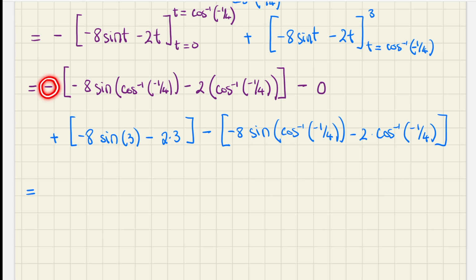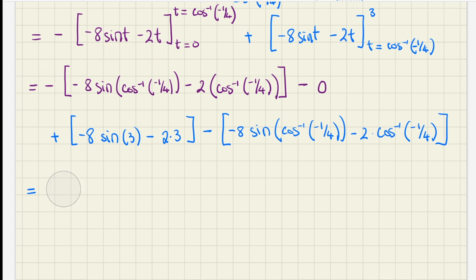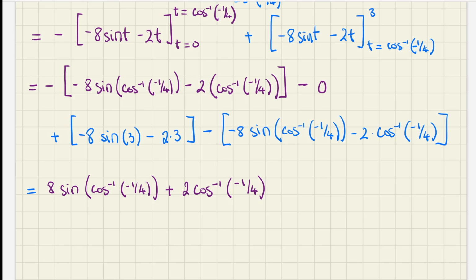Now I'm going to distribute this negative sign. This term becomes positive, and this term also becomes positive. So I have 8 sine of cosine inverse of negative 1/4 plus 2 times cosine inverse of negative 1/4 plus negative 8 sine of 3 minus 6.